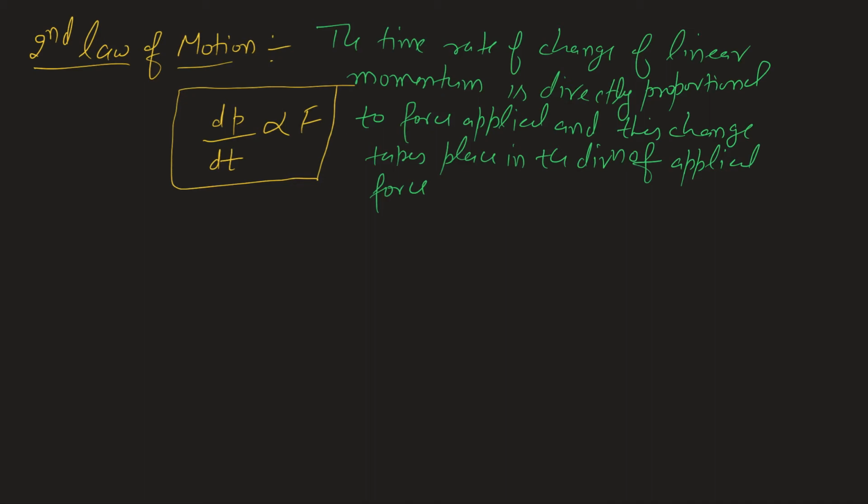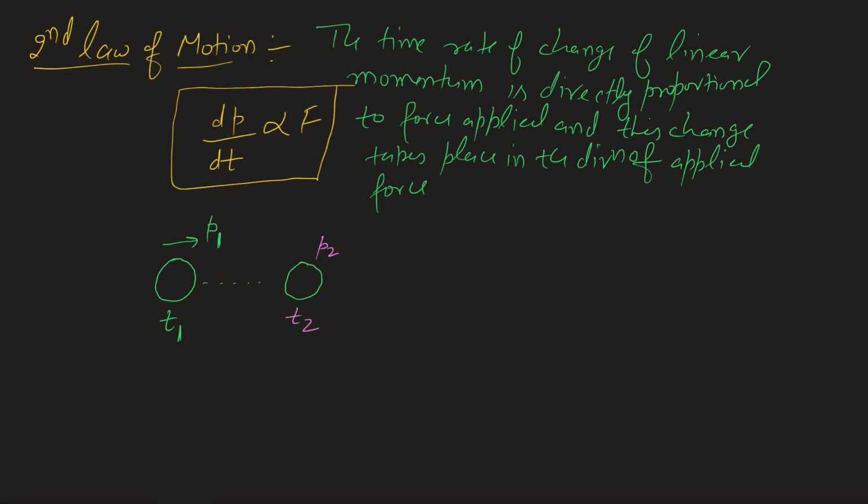Like if a body is moving, say here is a body, and it is moving with momentum p1 at time t1, and after some time, say it comes over here, its momentum is p2, time is t2.